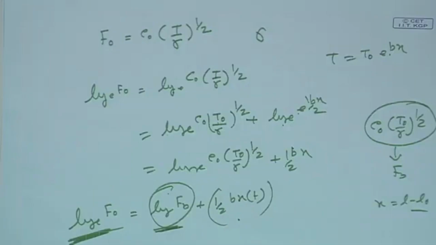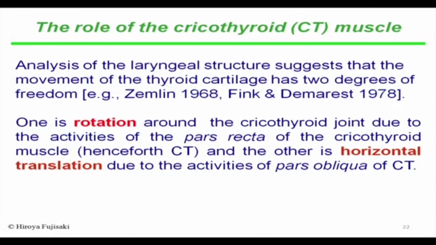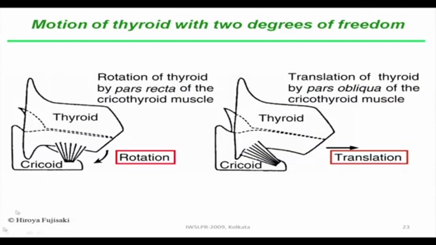What kind of movement is it? It is two kinds of movement. One is rotation around the cricoid joint. If I look at this kind of housing, there are two kinds of movement: rotation and translation.